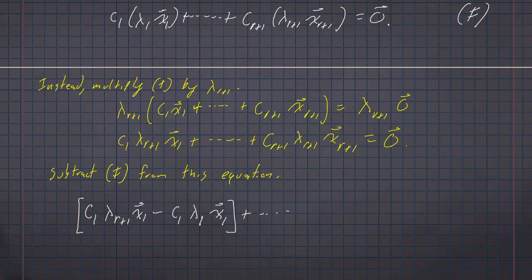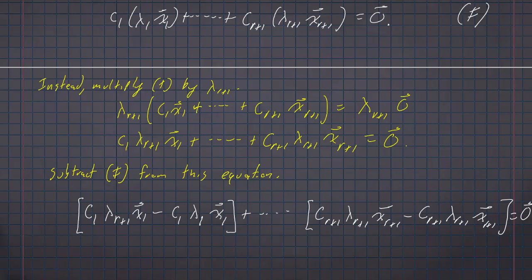I've got c2 lambda r plus 1 x2 minus c2 lambda 2 x2, all the way to the end where I will have c r plus 1 lambda r plus 1 x r plus 1 minus c r plus 1 lambda r plus 1 x r plus 1. And on the right-hand side, I have the 0 vector minus the 0 vector, which is the 0 vector.